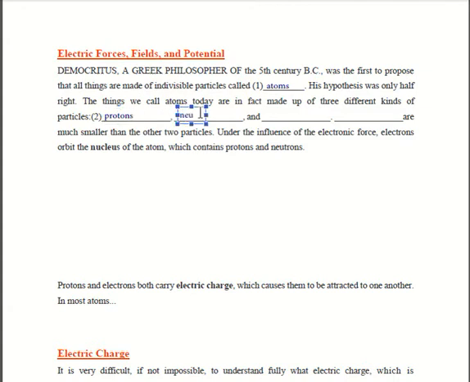We also have neutrons, and we have electrons. Out of those three, protons and neutrons are relatively similar in size, but the electron is actually much smaller than the other two.